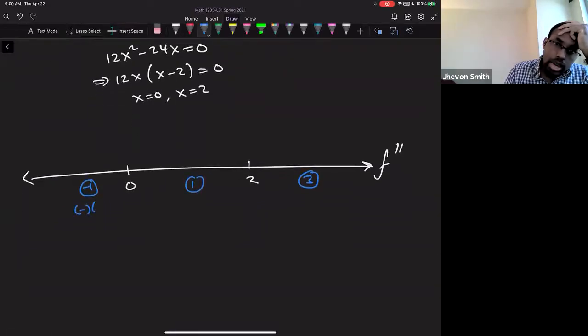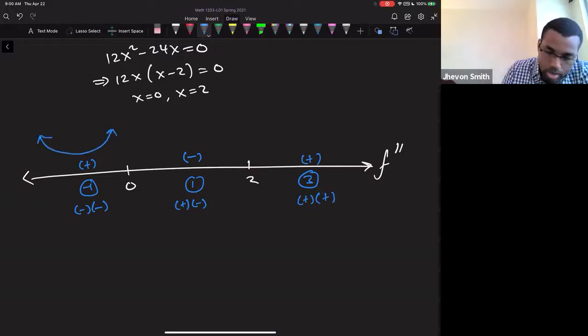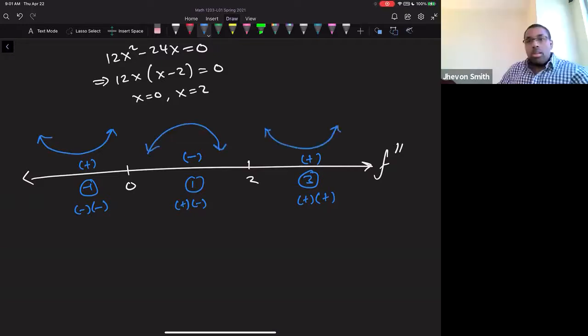Plug in -1 into x minus 2, you get a negative as well. So this is a positive over here. If I plug in 1 into 12x, that gives me a positive. If I plug in 1 into x minus 2, I get a negative. So that's a negative right here. If I plug in 3 into 12x, that's a positive. Plug in 3 into x minus 2, that's also a positive. So that's a positive here. Remember, in the second derivative, positive means concave up. So concave up, concave down, concave up. So I'm up like a cup, then down like a frown, then up like a cup, right? That's talking about the shape of the graph.